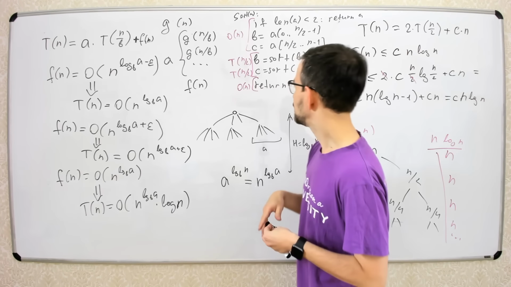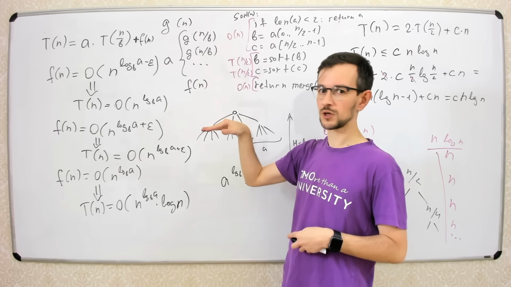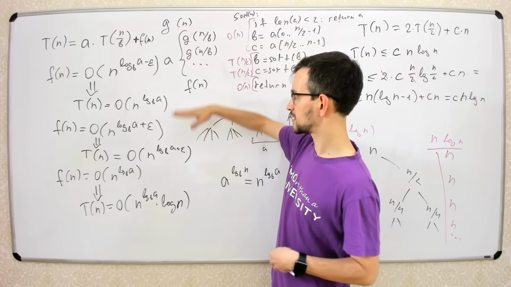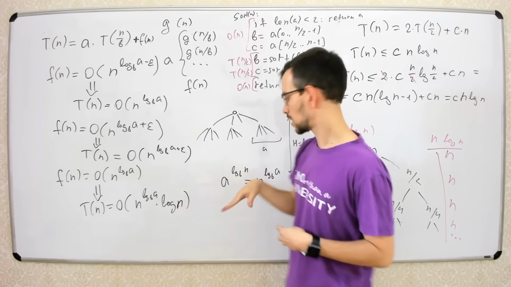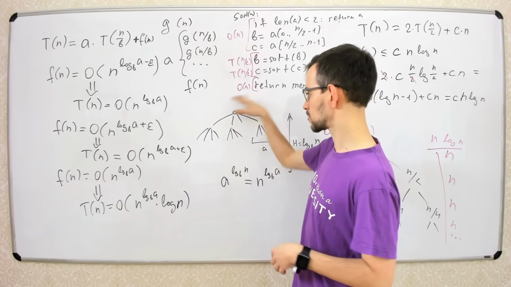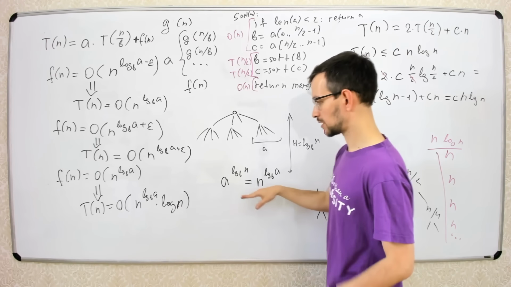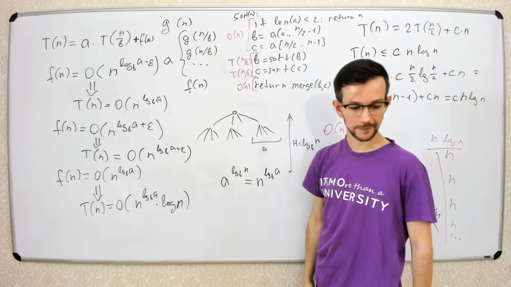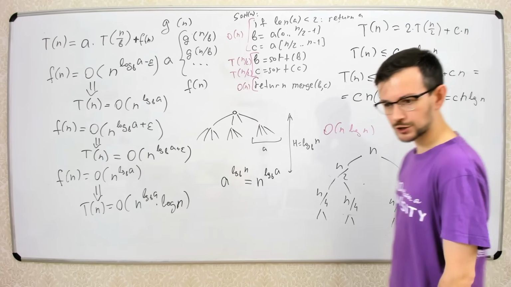If this function f is slower than these recursive calls, then the total complexity will be the same as this function f. If it is faster than these recursive calls, then the complexity will be the same as these recursive calls without function f. If it is the same as these recursive calls, then you will add a logarithm factor here. That's basically all. Any more questions?